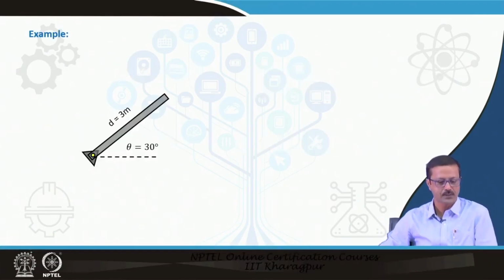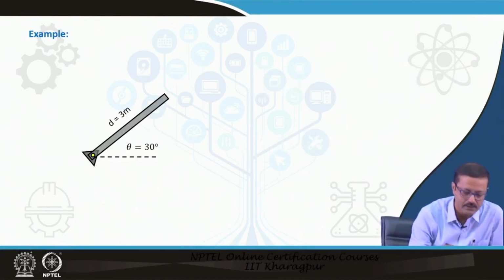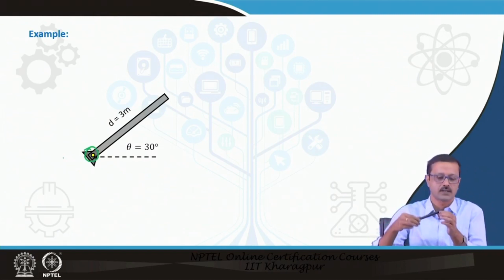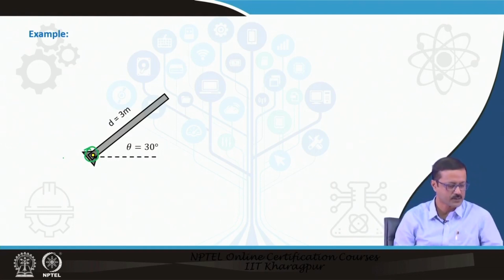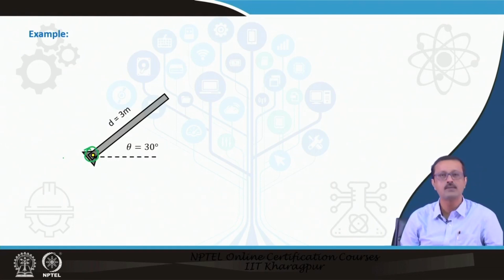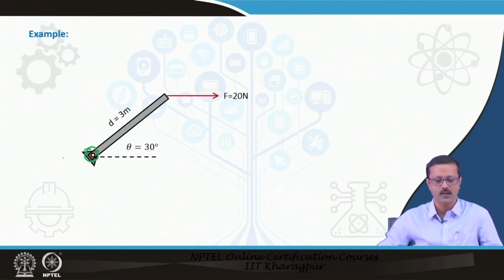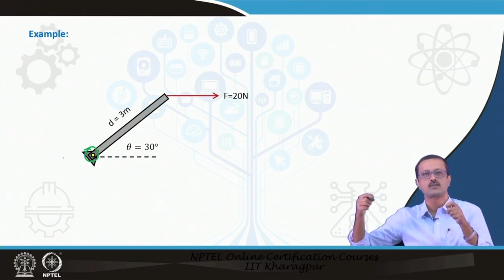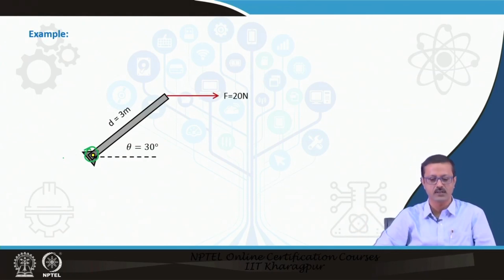So, let us take an example. I have a bar hinged or pinned at this particular point, so the bar can rotate under any kind of force. The length of the bar is 3 meter and it has an inclination with the horizontal of 30 degrees. I put a straight horizontal force F of 20 Newton.